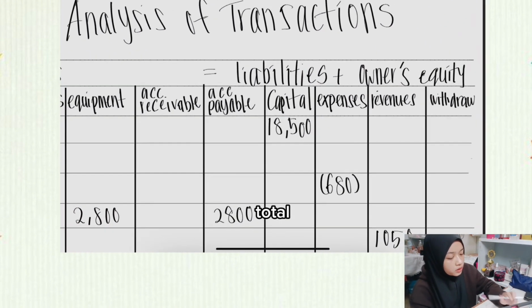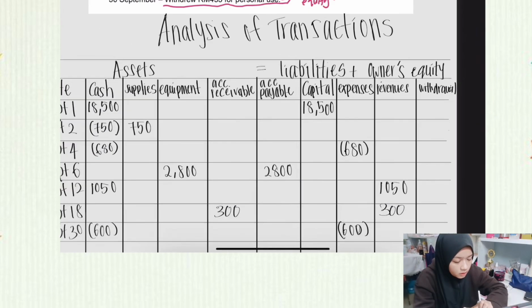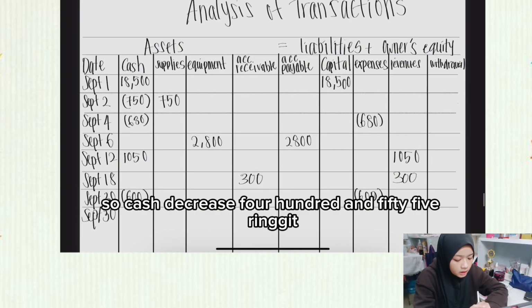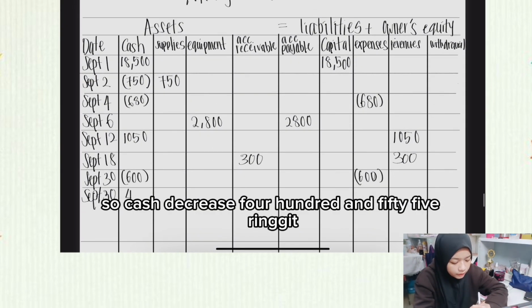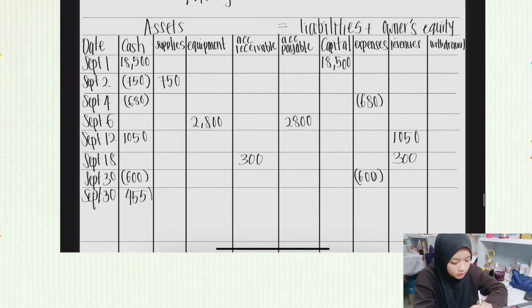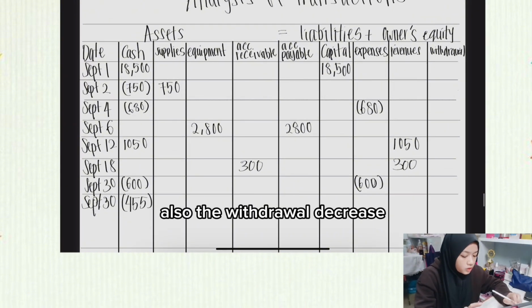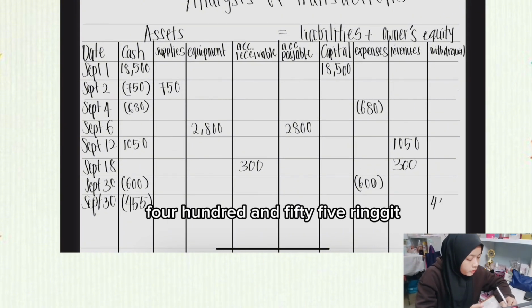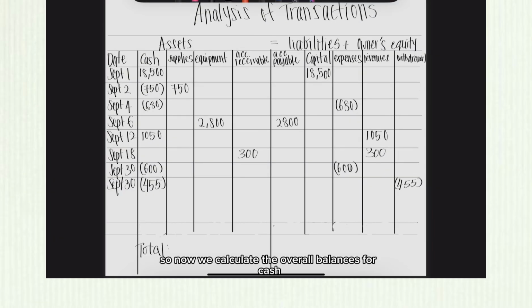So write down the owner's equity. So cash decreased 455 ringgit. Also the withdrawal decreased 455 ringgit.